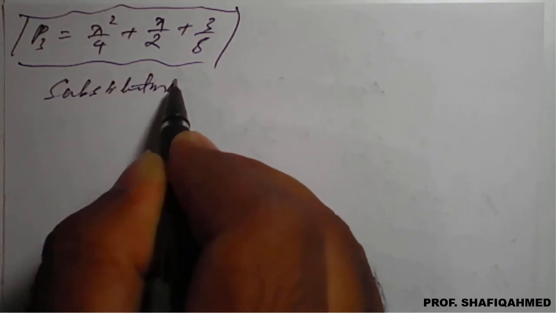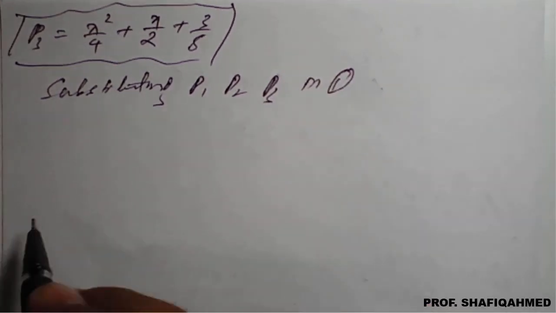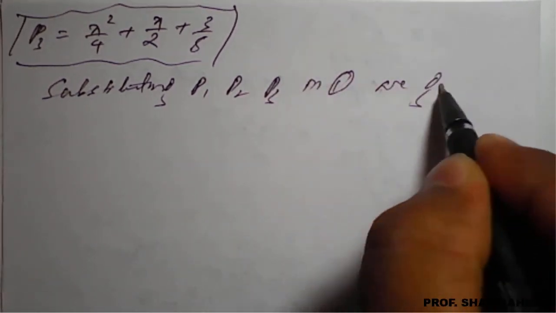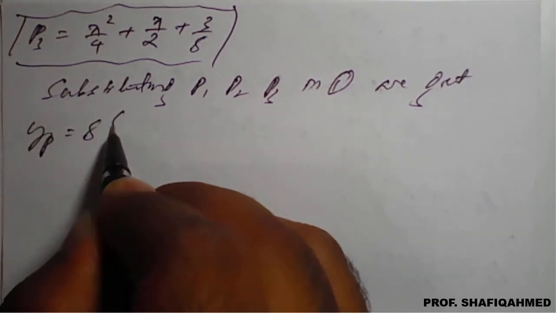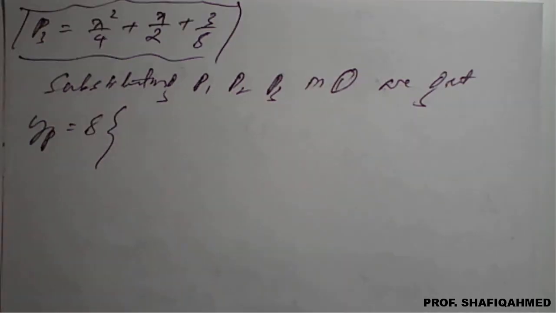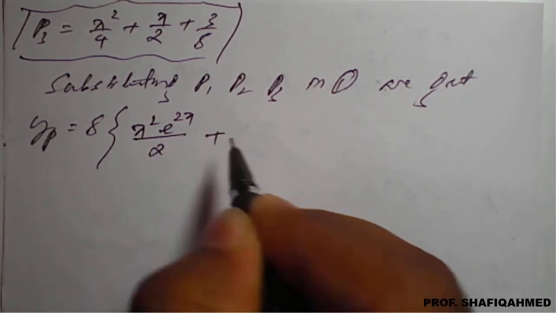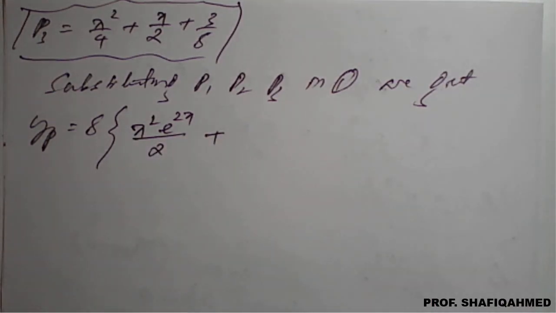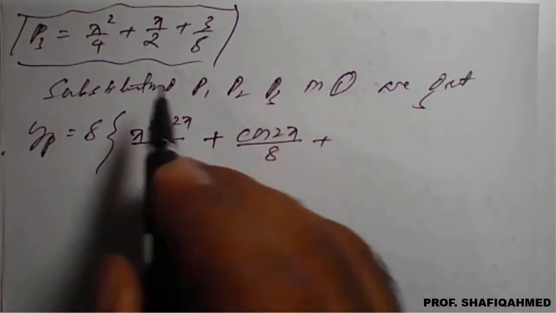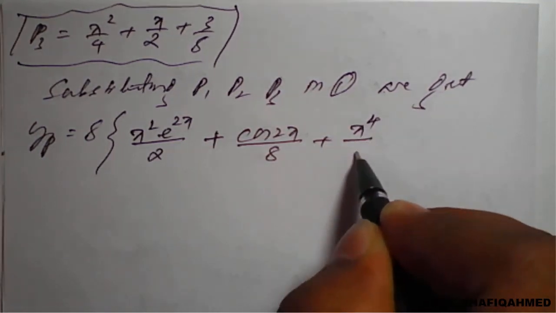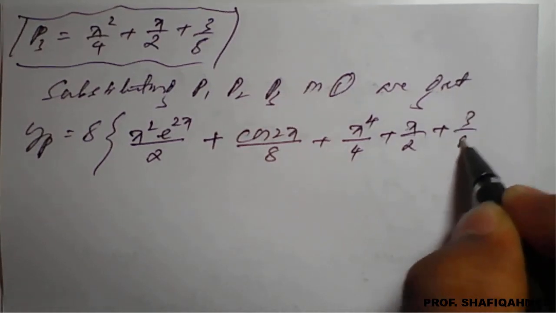So substituting P1, P2, P3 in equation 1, we get yp equal to 8 times, where the P1 answer is x square e raised to 2x upon 2, plus the P2 answer, cos 2x upon 8, plus the P3 answer, x square upon 4 plus x by 2 plus 3 upon 8.